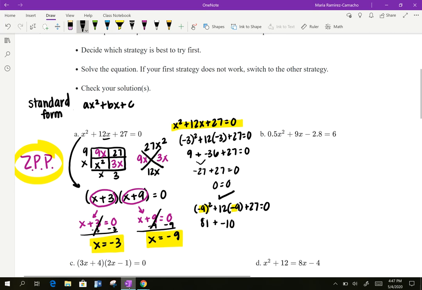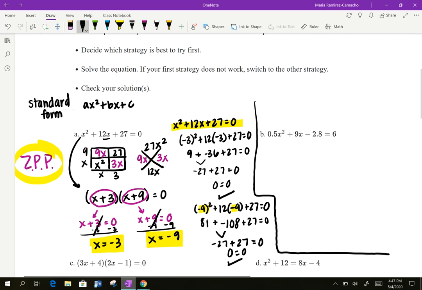That's negative 108 plus 27. Again, I get negative 27 plus 27. That is 0 equals 0. So since 0 is equal to 0, this solution works. We won't do this for all of the problems, but I did want to do it for part A just so you know how to check your solution. All right, we're good. Let me draw a line just separating part A from part B.